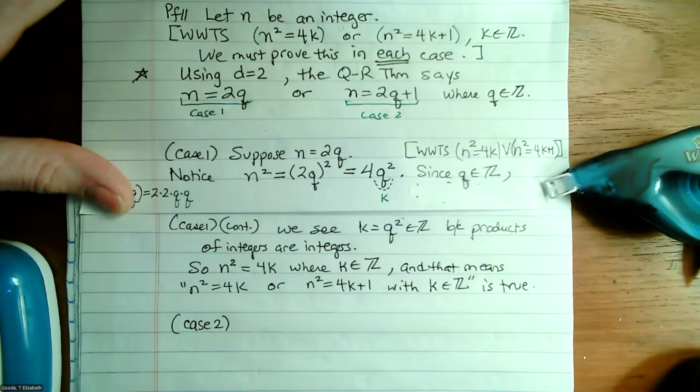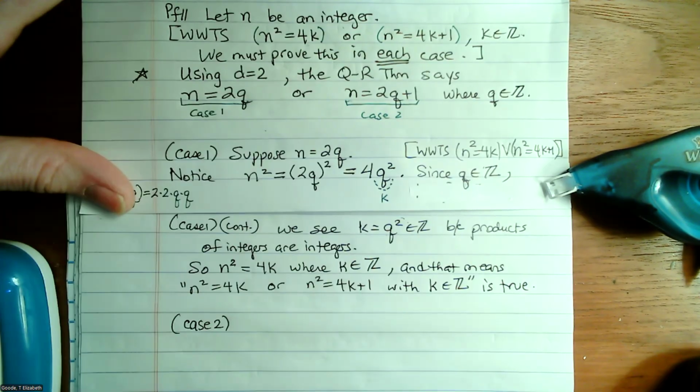Exactly. And if d was 9, we might be able to do it in fewer than 9 cases. How many cases might we be able to use? 3. Exactly. And this is the magic when the divisor is a power of a single prime.